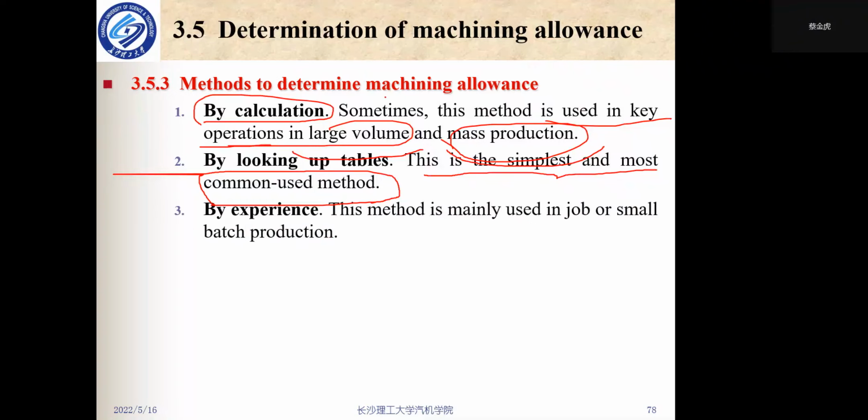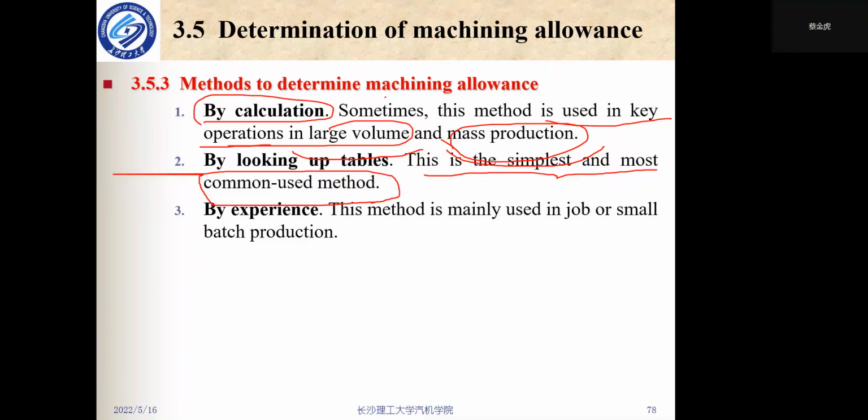The next one is by experience. Machining allowance is determined by experienced engineers, technicians, or workers.